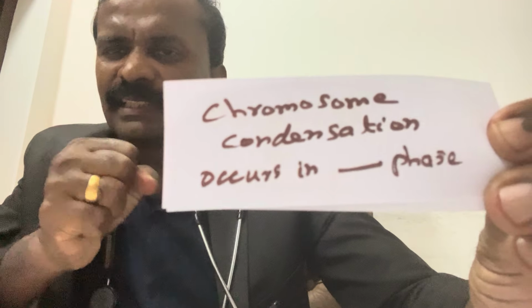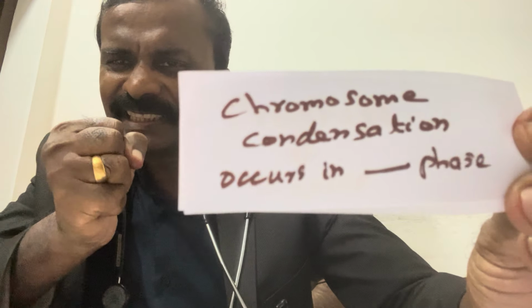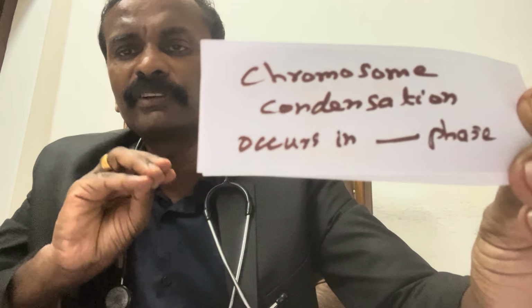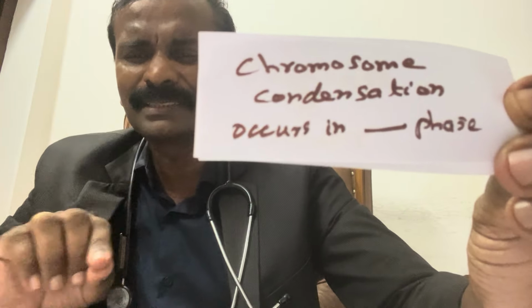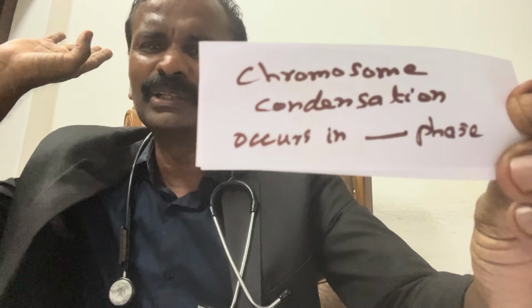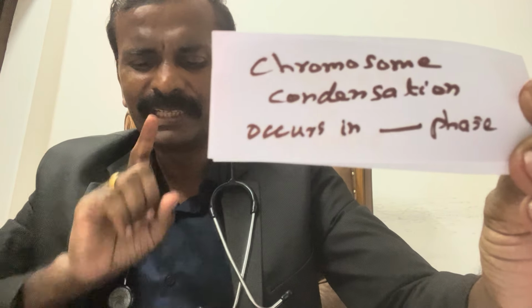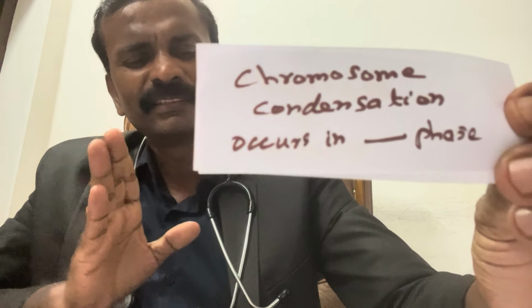Chromosome condensation occurs in which phase? Remember the diagram. The diagram is very important. Recall the diagram for 5 days, okay? Don't read once, mug it up, and don't do revision after 5 months. Memorize the diagram once, recall for 5 days.